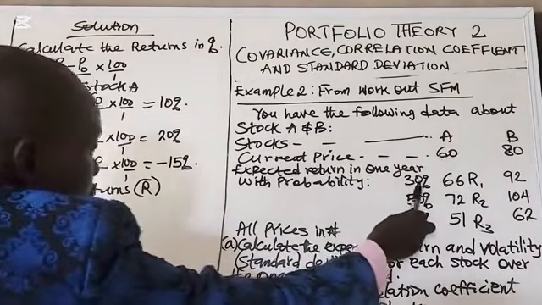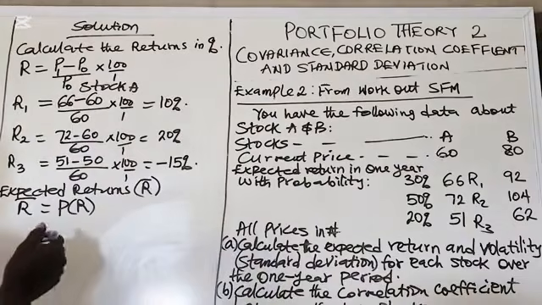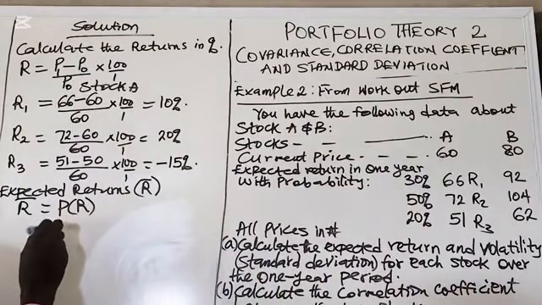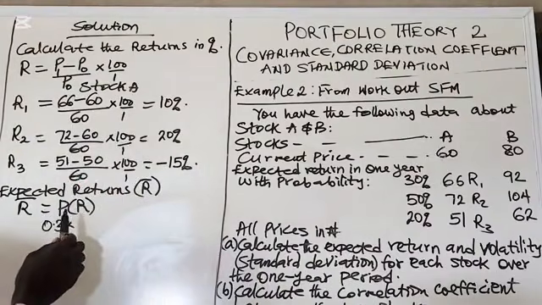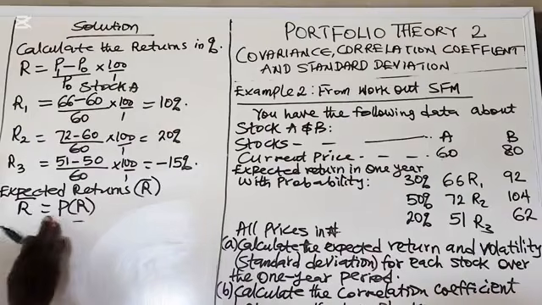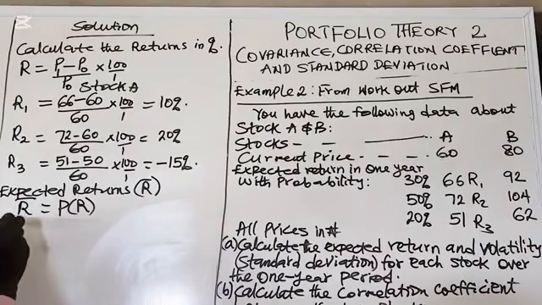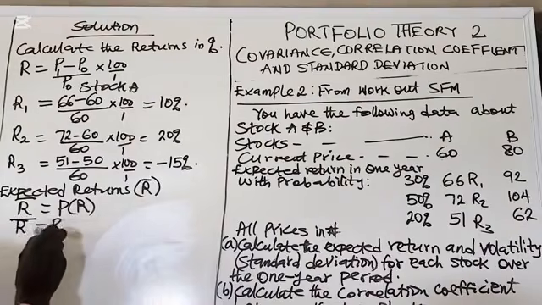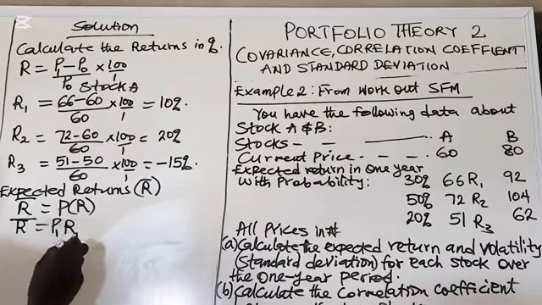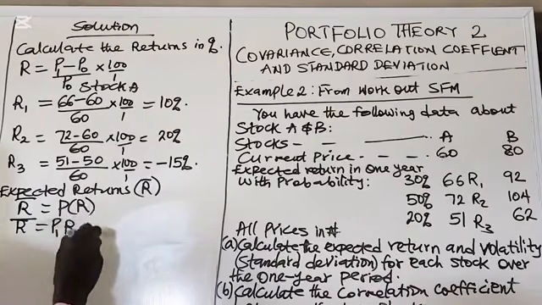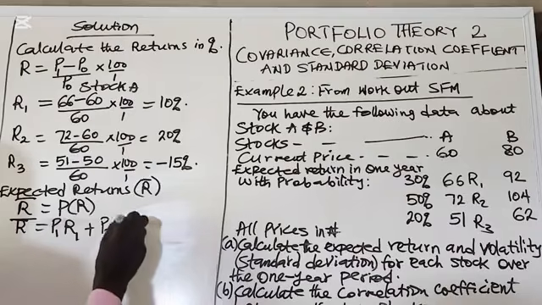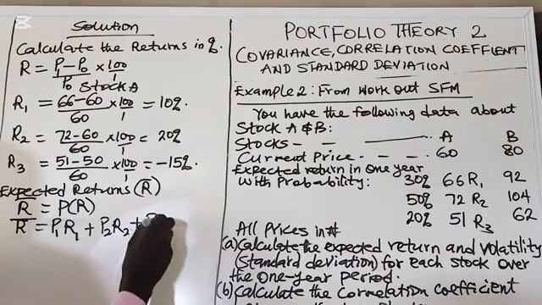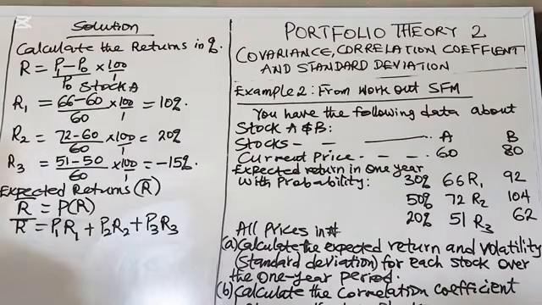The probability of scenario 1 is 30%, which is 30% times the returns, or let me modify the formula. Expected returns will be probability 1 times returns 1, since it's probability times returns, plus probability 2 times returns 2, plus probability 3 times returns 3.